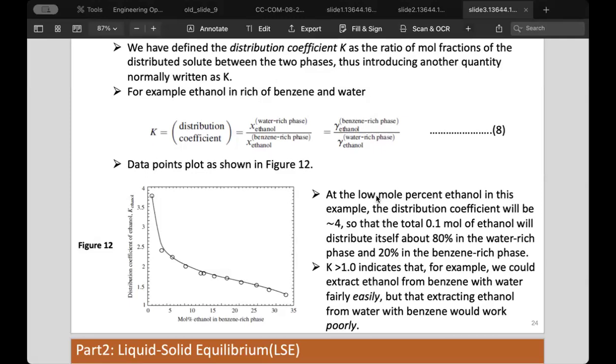What does it mean? The mole fraction of A in your new phase must be greater than the mole fraction of A in the mixture. Then you can extract one component from the binary. It is useful for designing liquid extraction, right?